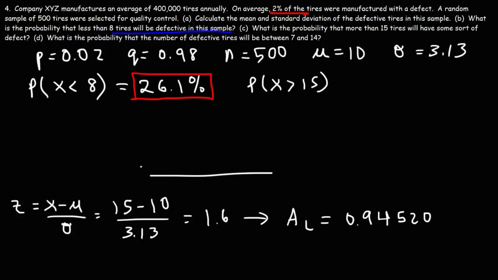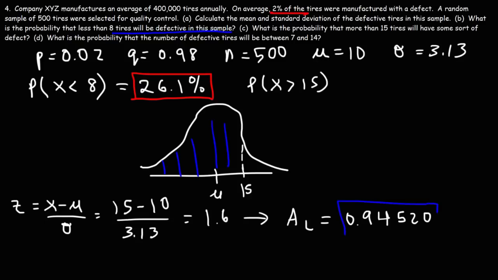Now, if we draw the picture, we want the area on the right. So here's the mean. Let's say this is 15. The area shaded in blue corresponds to this value, but we want the area shaded in red. So it's going to be 1 minus this answer.